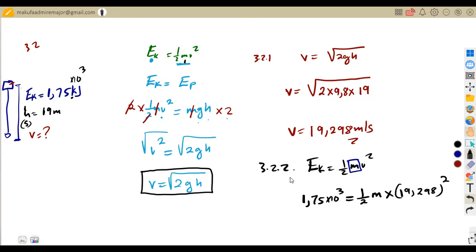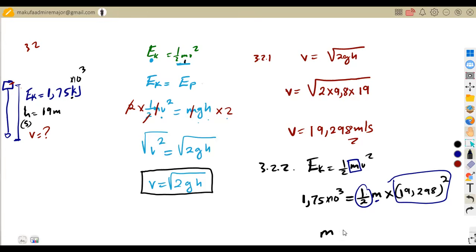It's up to you how you solve. Maybe you multiply directly, or remove the half by multiplying by 2, or simply divide by this part on the other side, because what you want is to remain with this m.